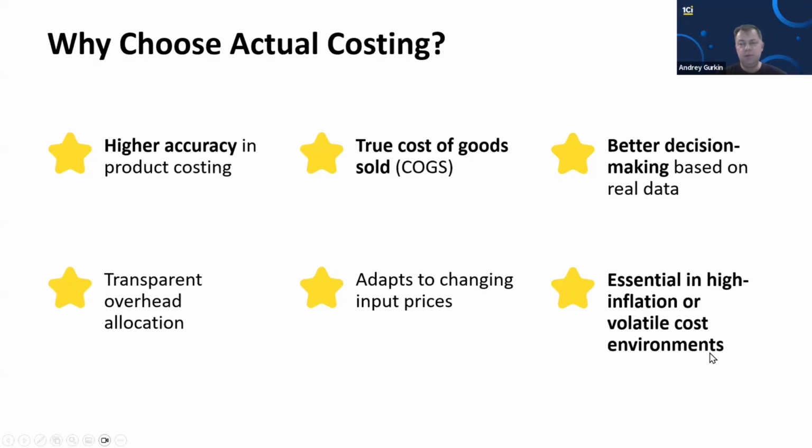But for actual costing, again, we are just eliminating this kind of particularity. And because of that, it might be very essential in a high inflation or volatile cost environment.